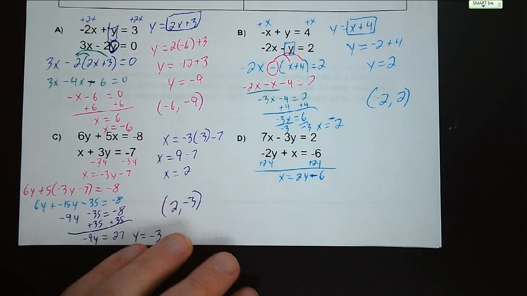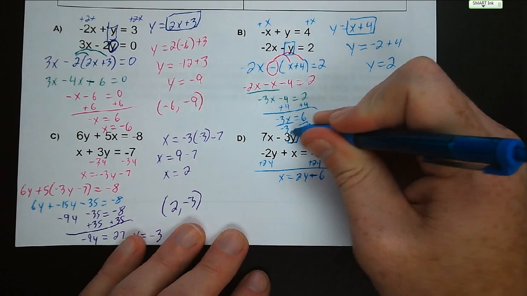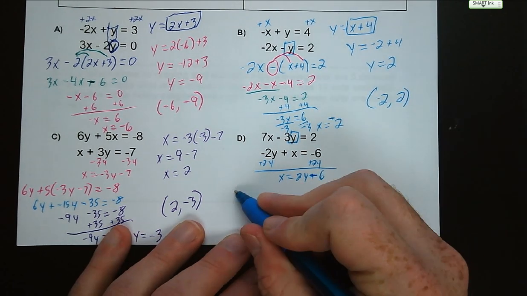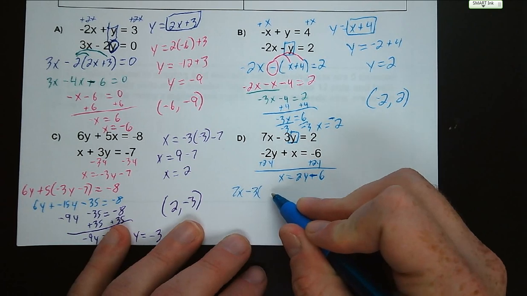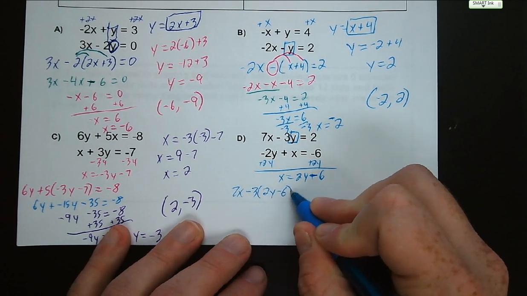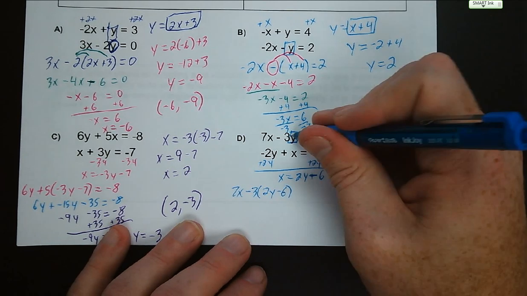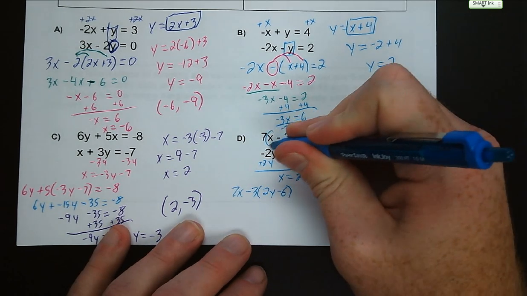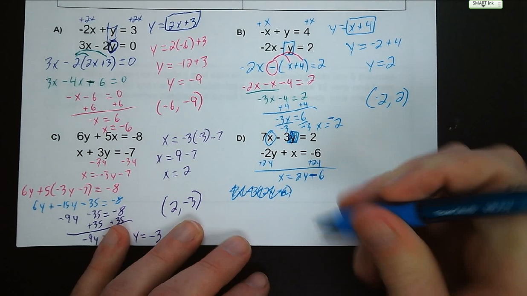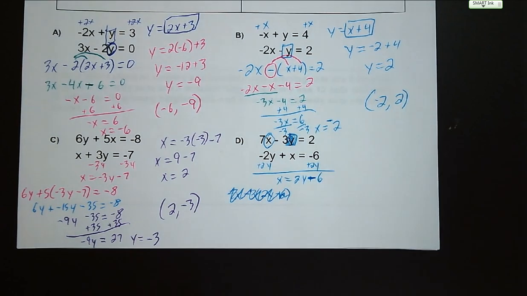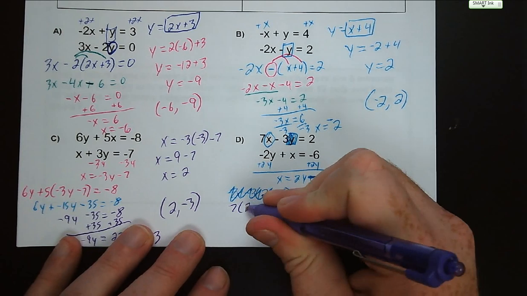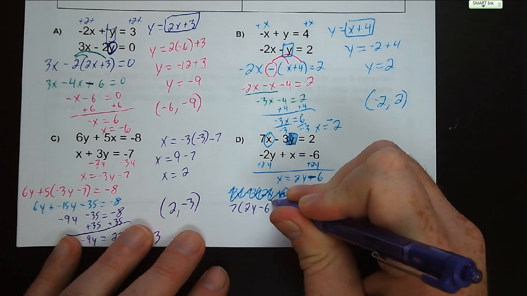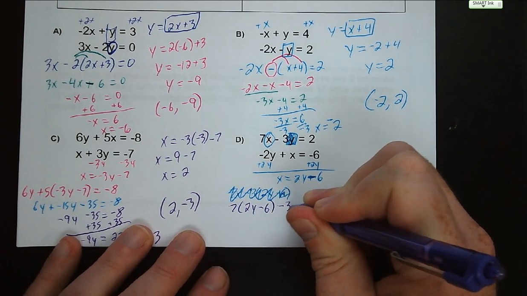So we're going to substitute that for x in our first equation. So we have 7 times the quantity 2y minus 6 minus 3y equals 2.